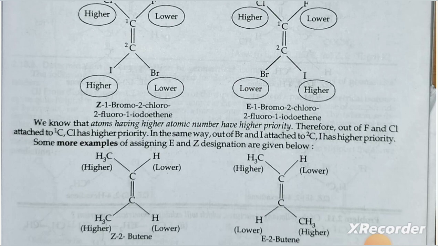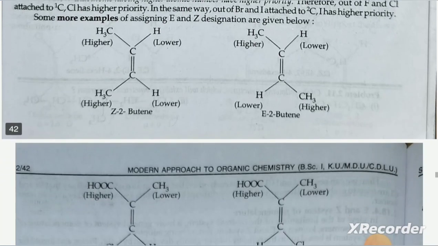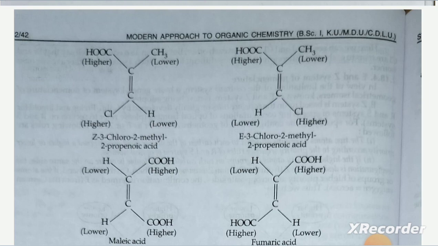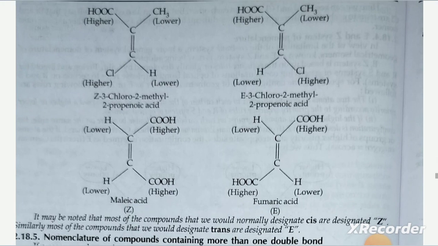Z-2-butene, E-2-butene. Z-3-chloro-2-methyl-2-propenoic acid, E-3-chloro-2-methyl-2-propenoic acid. Maleic acid Z, fumaric acid E. It may be noted that most of the compounds that we would normally designate cis are designated Z. Similarly, most of the compounds that we would designate trans are designated E.